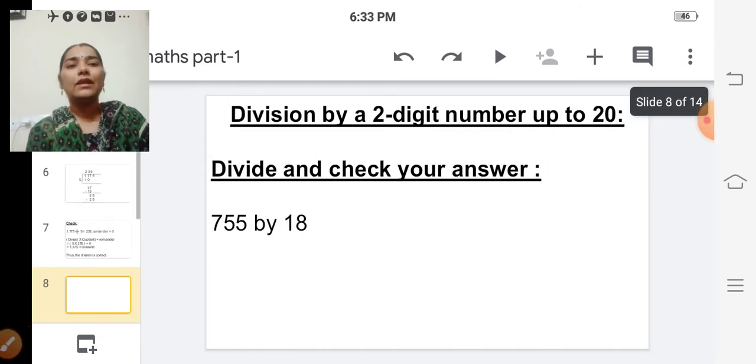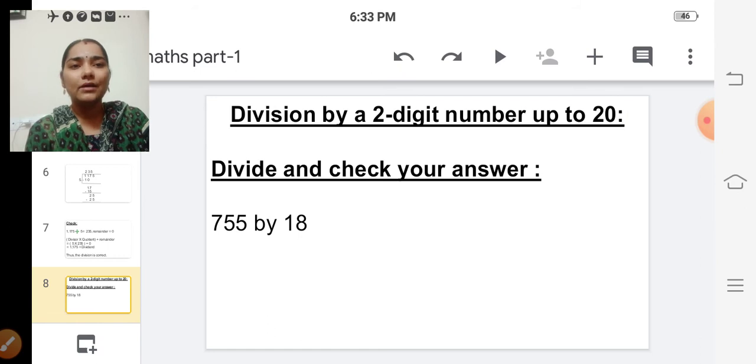Yes. The next one is division by a 2-digit number up to 20. Just now we have done division by a 1-digit number, 5. Now we are going to divide a number by a 2-digit number up to 20. What are the 2-digit numbers up to 20?